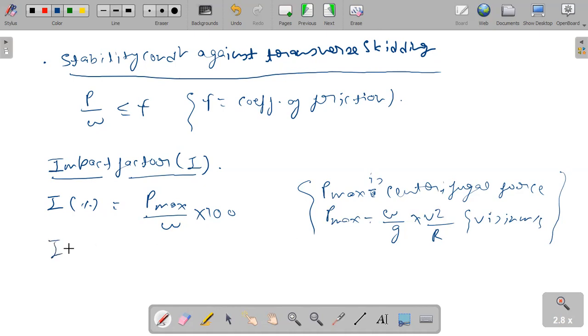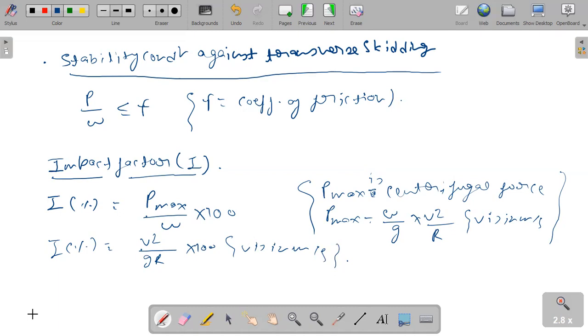By using P max is equal to W by G into V square by R, we have a modified formula of impact factor: V square by GR into 100, where V is in meter per second.